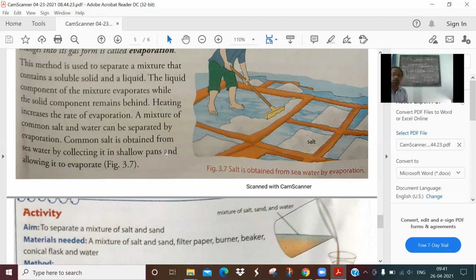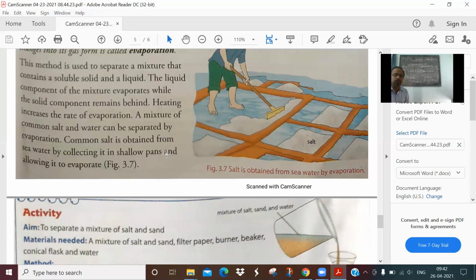Now suppose you want to separate salt and sand. Both are solids. It cannot be done by hand picking, and we cannot use the sieving process also, because the particles get mixed up. Here we use more than one method.